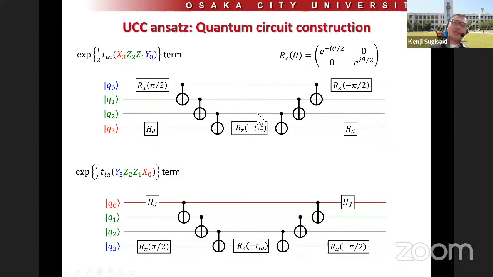Importantly, in the previous time evolution operator case, the rotation angle was 2gt or something. But in the unitary coupled cluster ansatz, the rotation angle should be minus t_ia. This value can be derived by thinking about the matrix form of the RZ gate.